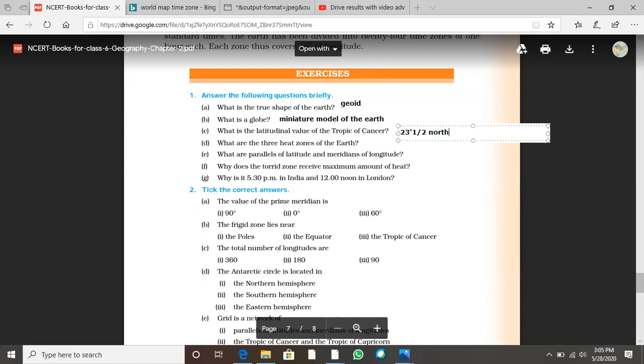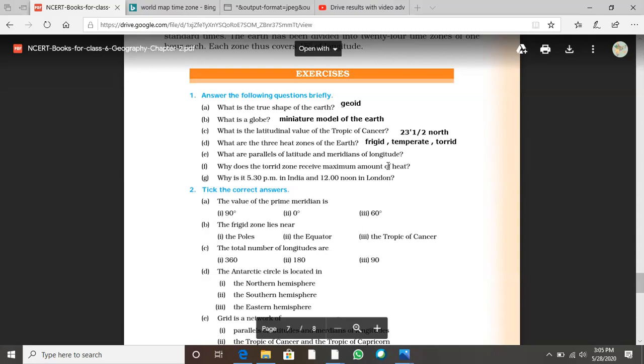The three heat zones of the earth: the frigid zone, the temperate zone, the torrid zone. What are the parallels of the latitudes and meridians of the longitude? So you just explain what they are.